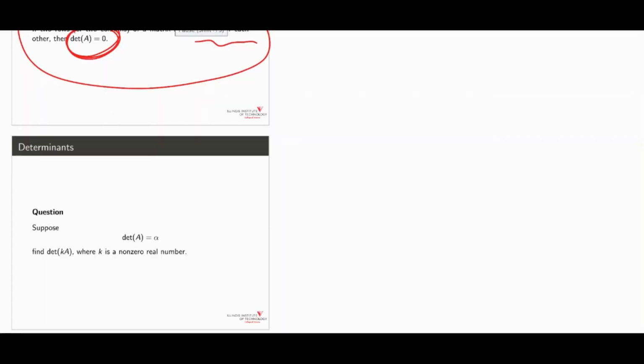All right, welcome back. I hope you know that the information that I gave you is insufficient to answer these questions, because I didn't tell you the size of this matrix A. I just said that A is a square matrix, and if you think deeply, you will see that the determinant of kA depends on the size of the matrix.